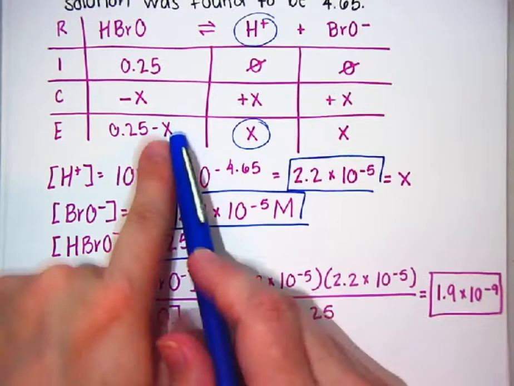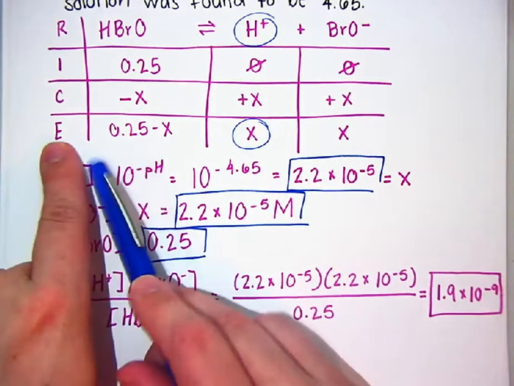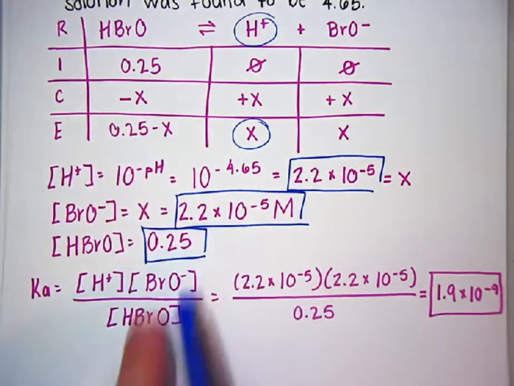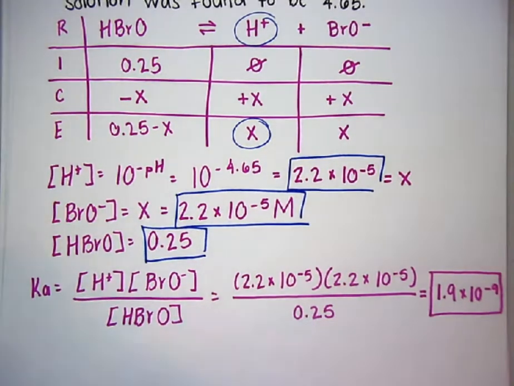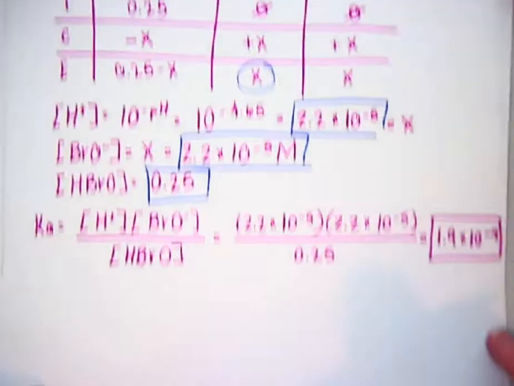So notice that we dropped the X. At equilibrium, the concentration of bromic acid is 0.25 minus X, but we dropped that X. Again, we're assuming X is negligible.